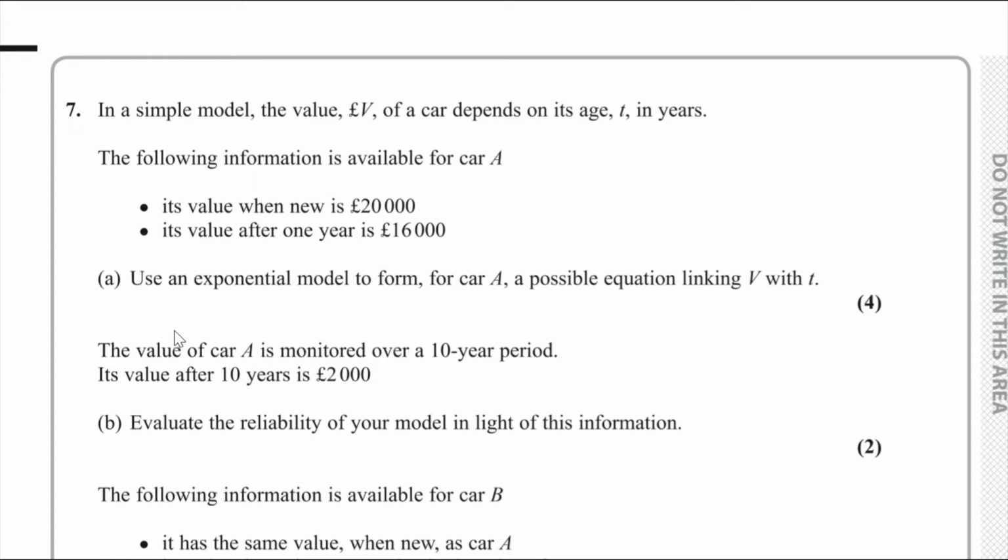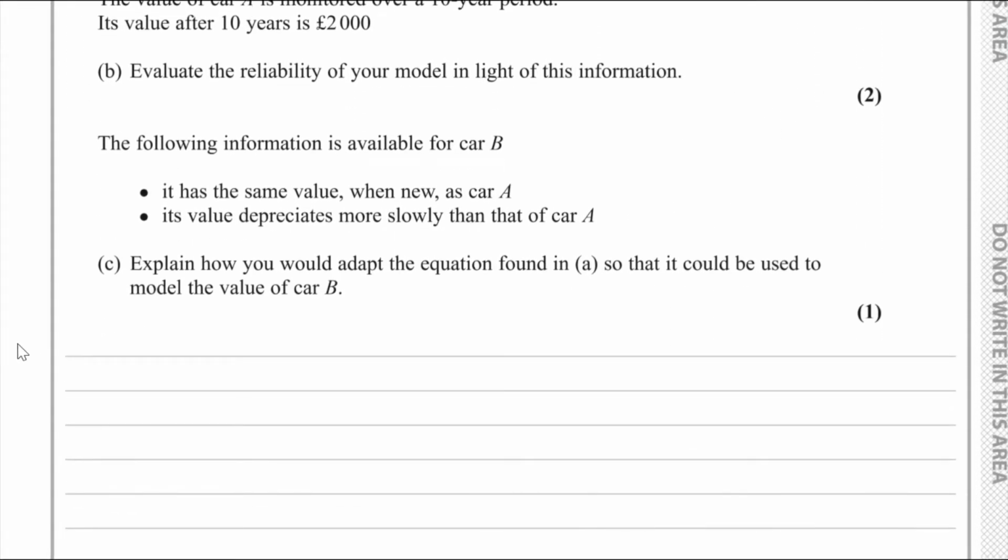For part A, we have to use an exponential model to form, for car A, a possible equation linking v with t. So for part A, I hope it's quite obvious that v is equal to a times k to the power of t. Okay?